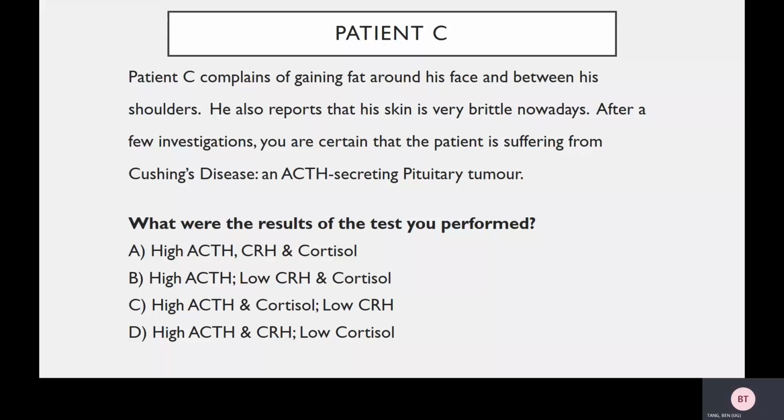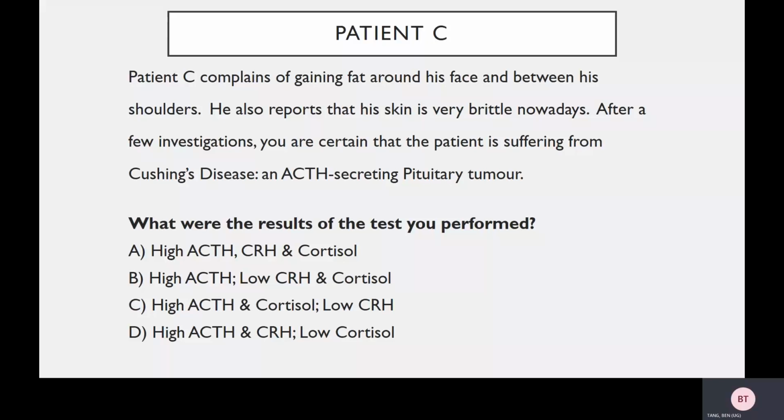Then the next question is, would your CRH, your corticotropin releasing hormone from the hypothalamus, be high or low? Well, we've already identified here that the issue is with a pituitary tumor that is secreting ACTH, right? Excess ACTH. So that ideally is the only issue in the cycle.